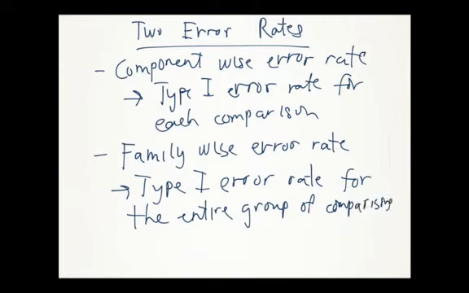Okay? So remember, we had said that if we were going to compare these 4 groups using only 2 sample t-tests, we would have 6 tests to conduct. So keep this issue in mind, the issue of component versus family-wise error rates.